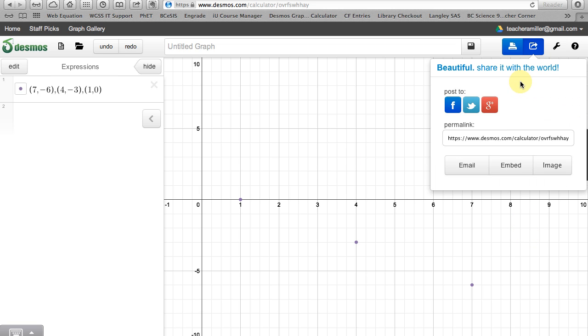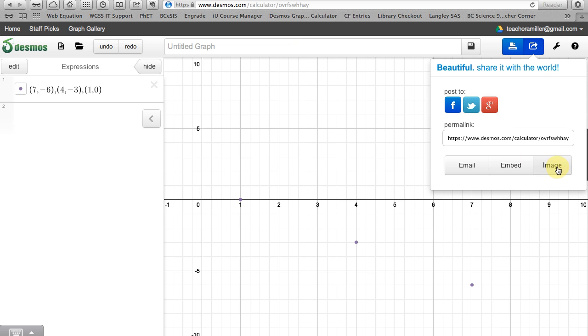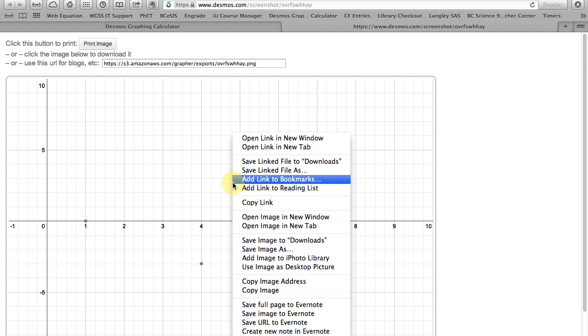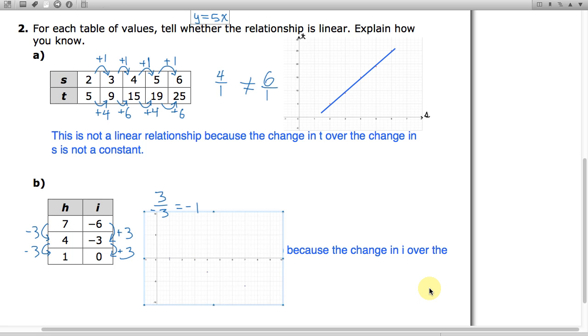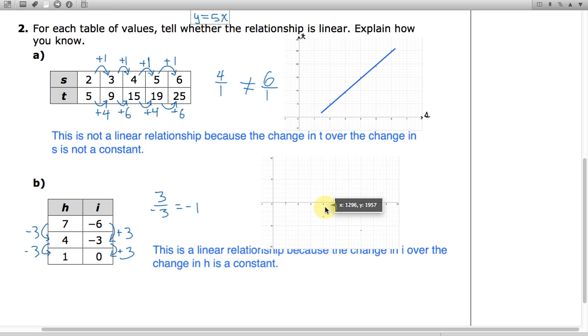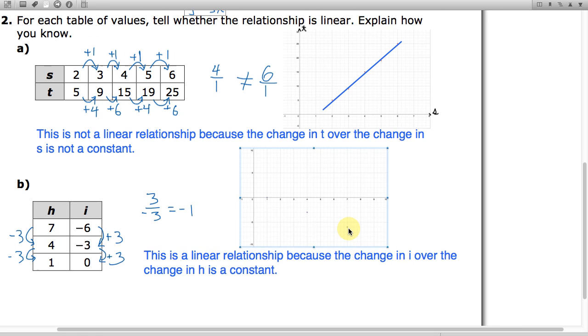So now I can take this image, let's try that again. Let's take this image. Oh, there it is. And we'll just copy that and paste it into the notebook so that we can have a closer look at this.